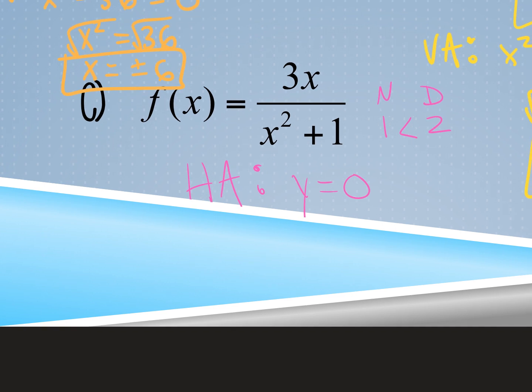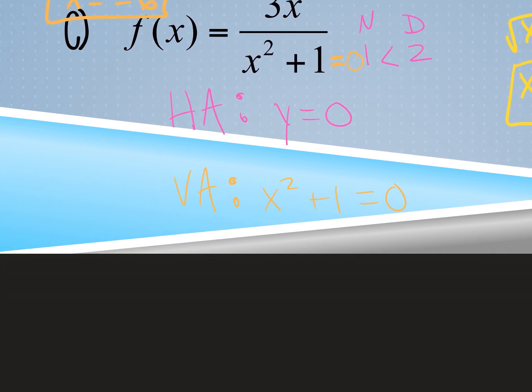And then to find my vertical asymptotes, what do I need to do? Set the denominator equal to 0, so x squared plus 1 equals 0. So we subtract 1 on both sides. So x squared is equal to negative 1. Take the square root. So what do I get?